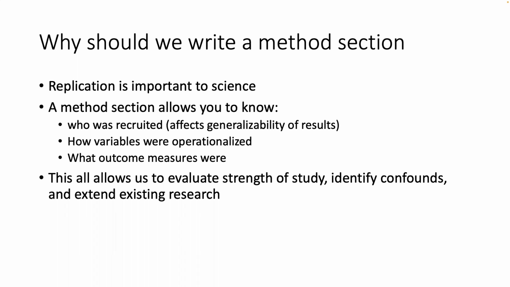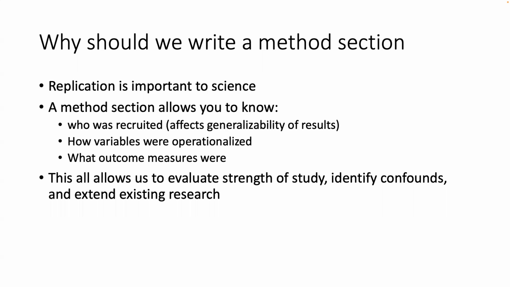It lets us know whether the science you conducted is appropriate, whether the findings you discovered were only due to that setting or that particular sample, or whether it can be replicated in other situations. So a method section really allows researchers and you to know who was recruited, and this affects the generalizability of the results, how the variables were operationalized, so how people operationalize concepts like happiness or sadness, and what the outcome measures were.